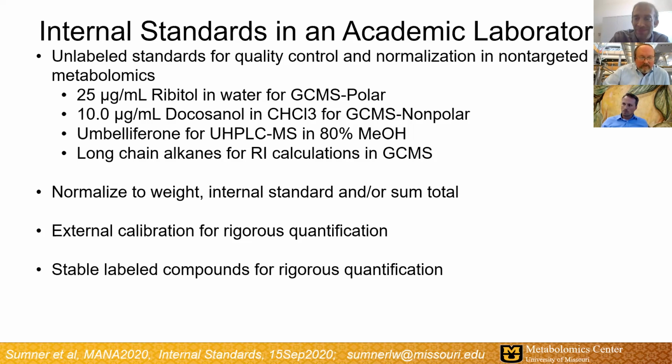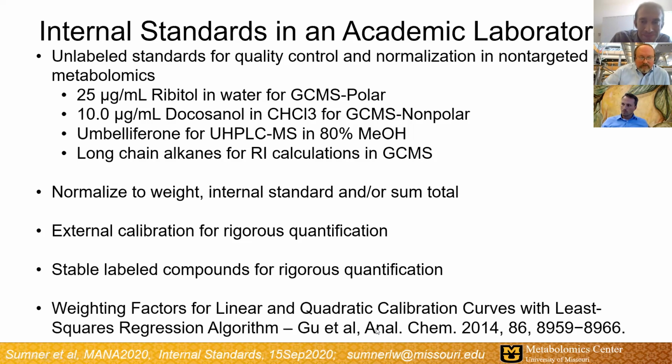Then finally, next, please. Often post-acquisition, we typically don't have to, but if we need to cover a wide dynamic range, we will also begin to use weighting factors for our internal label as well. There's a specific citation there, and that just gives you better precision over a larger dynamic range. Next slide, please.